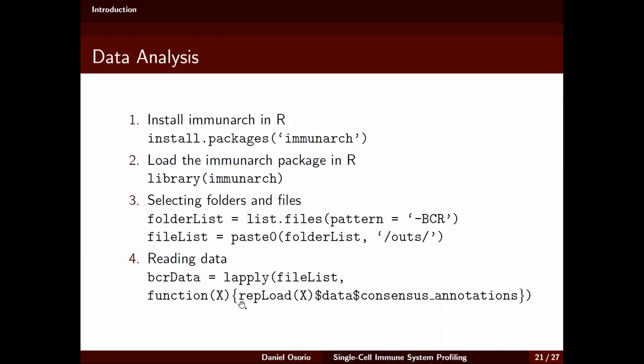And then we call the repertoire function. This function is included in the ImmunoArc package. And for each one of them, we are getting the data. And from the data, we are getting the consensus annotation. So at the end, what we are going to do is to move through each one of the files in the list and get the consensus annotations for each one of the samples. And we are going to save that in a list called BCR data.